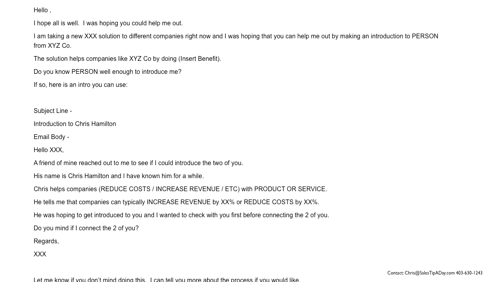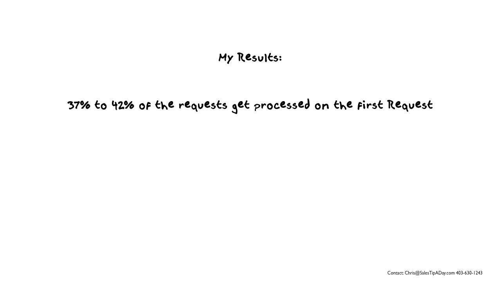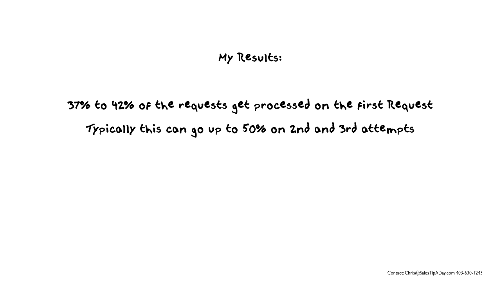And when I do this, typically I'm getting between 37% and 42% of the requests that I'm asking get processed. I get that introduction. Now, if someone doesn't do it the first time and I try a second or third time, I can get this up to about 50%.